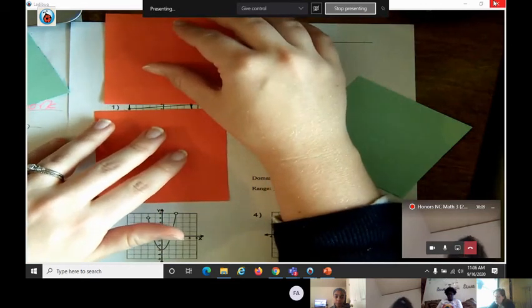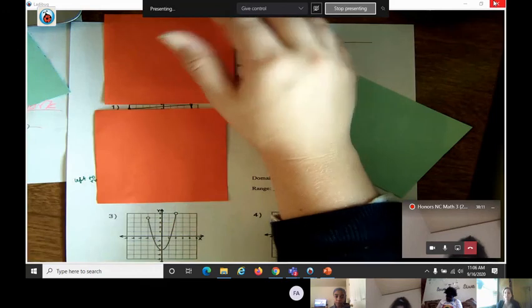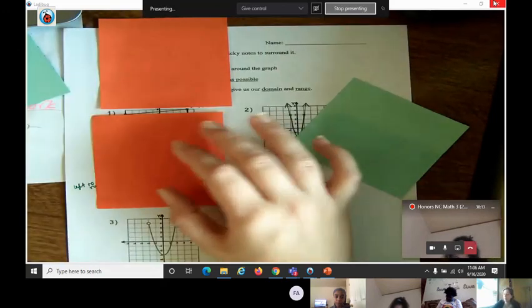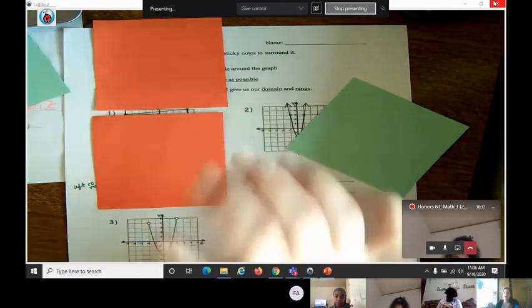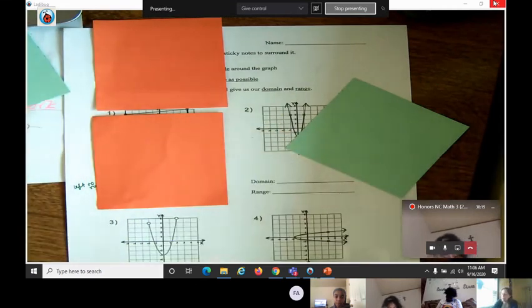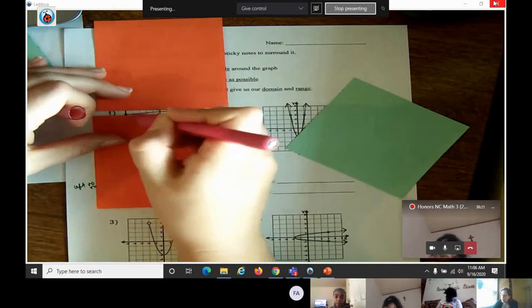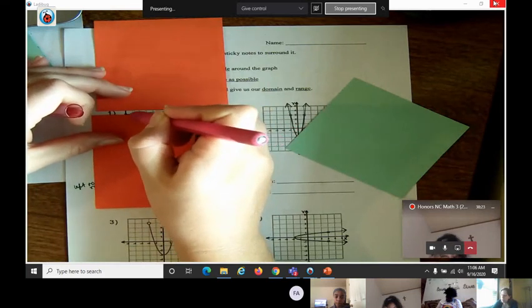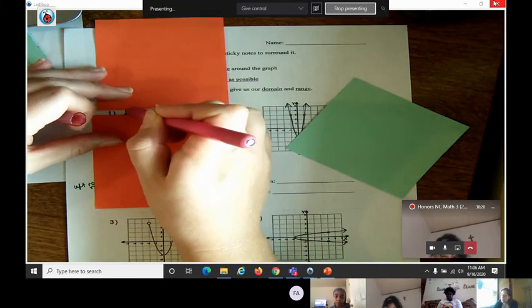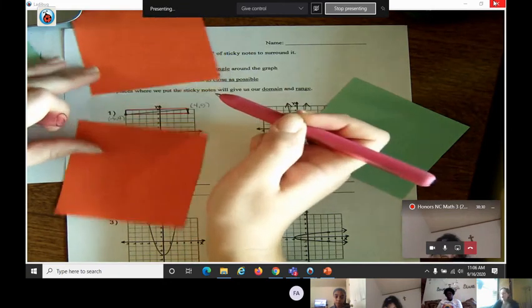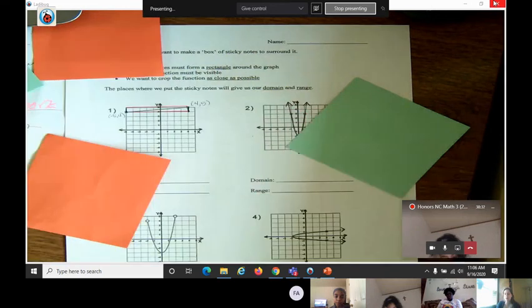And I want to get as close as I can to the function. So I got to cut off quite a bit at the bottom. And then I get to cut off that much at the top. And so my range is always going to go from the lowest value, which is here, to my highest value, which is there.